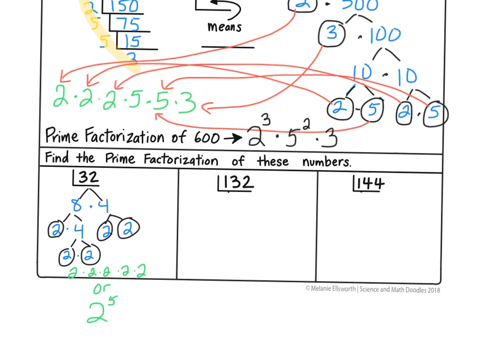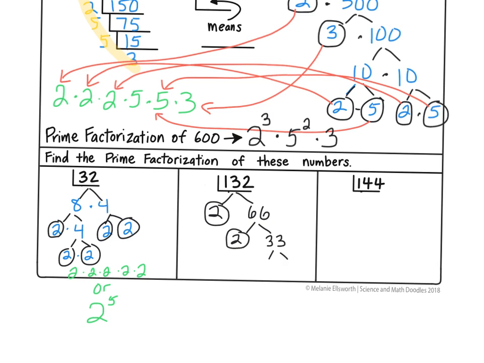All right, I'm going to go through this a little bit quicker than I did the other ones. So 132, I'm not as familiar with factors of 132, but I know because it ends with a 2, it's even. So I'm going to take 132, divide it by 2, and I get 66. 2 is prime. 66, I know I can get with a factor of 2 and 33.